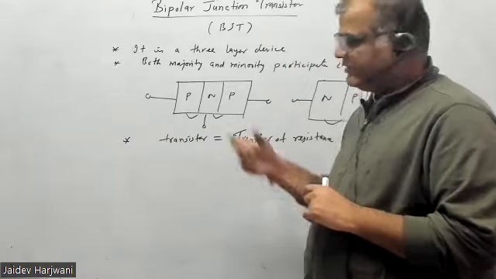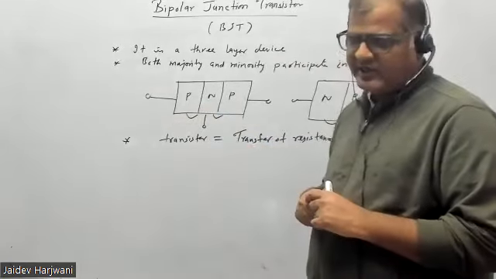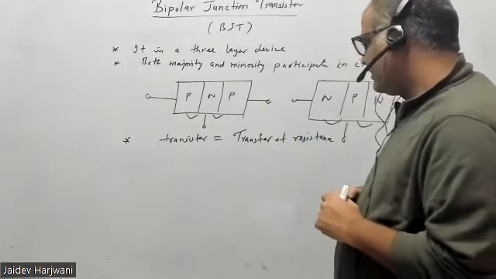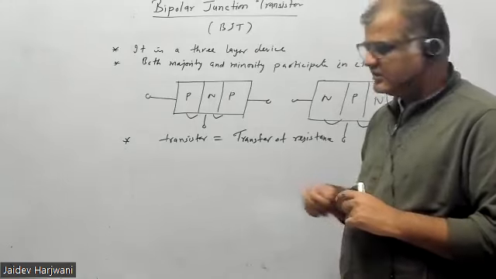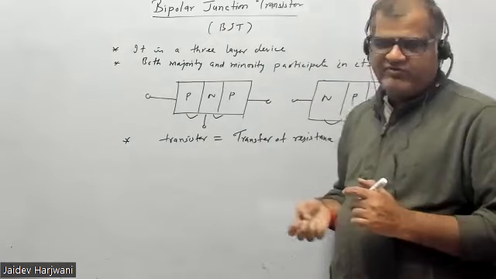One junction where we are applying voltage is called input. The other junction is called output. When I see the resistance values of input and output, input is generally forward bias.